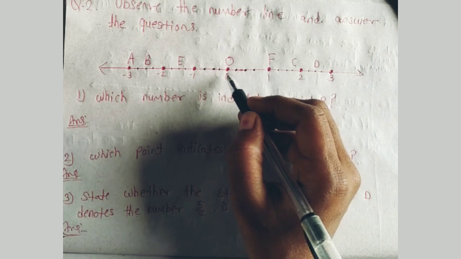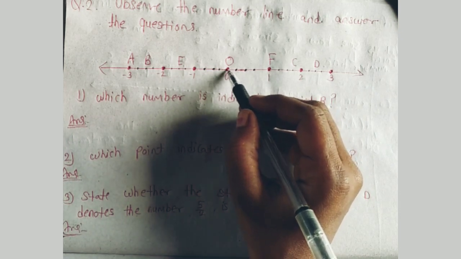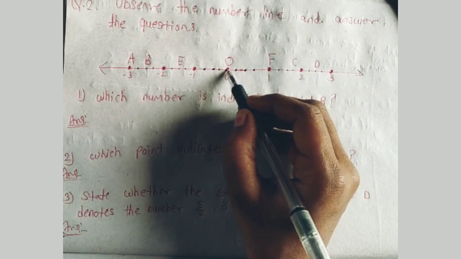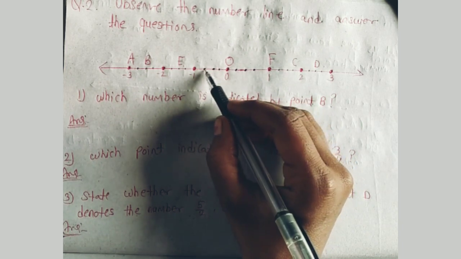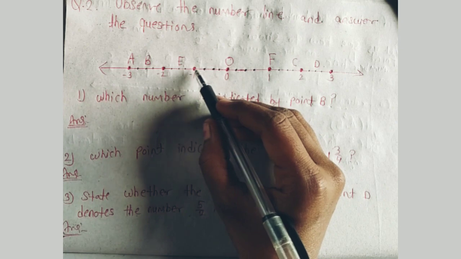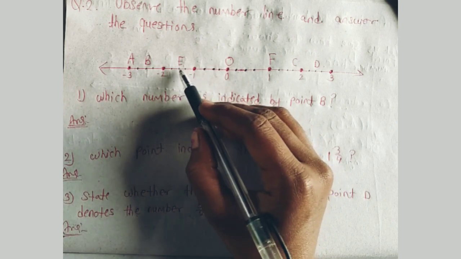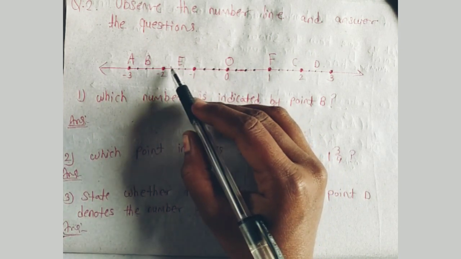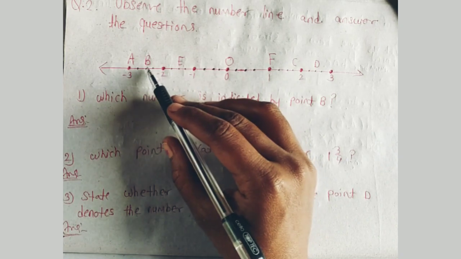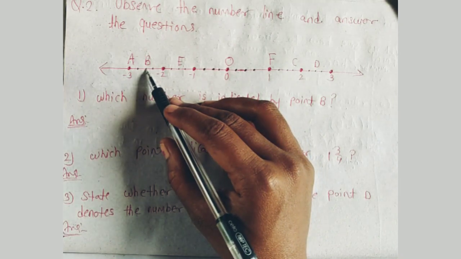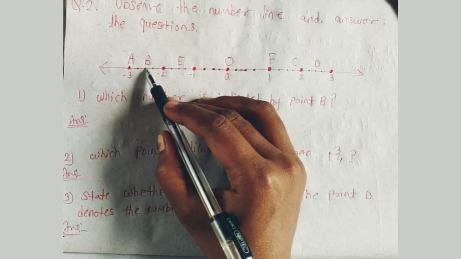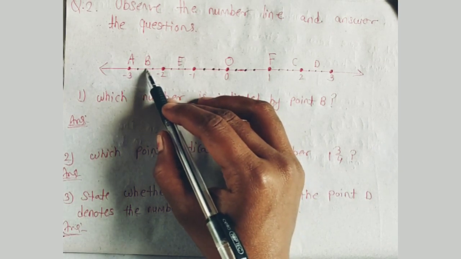So start counting from the left side of 0: 1, 2, 3, 4, 5, 6, 7, 8, 9, 10. We start from 0 and stop here at point B.